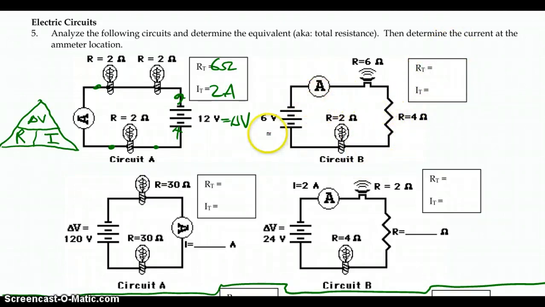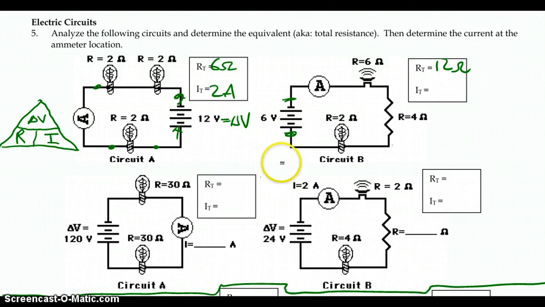Okay, we go over to this one. The delta V, the potential difference between the positive and negative, is 6 volts. And the total resistance is 2 plus 4 plus 6. That makes 12 ohms. Just add those resistance values together.